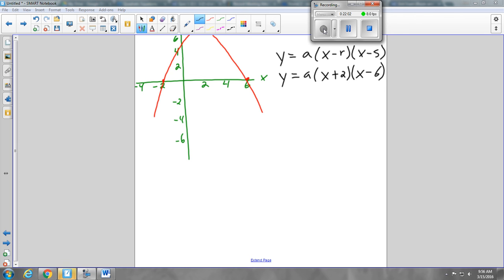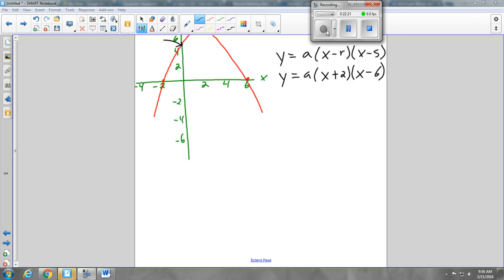Now, the next step that we're going to do is, let's pretend that was at 6, and the graph just kind of sucked. It's supposed to be crossing at 6 on the y-intercept.